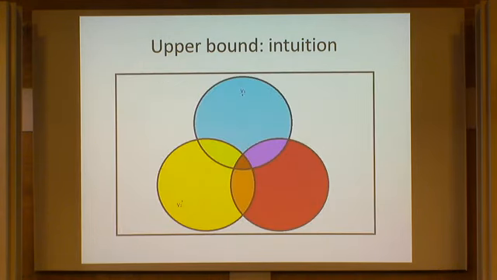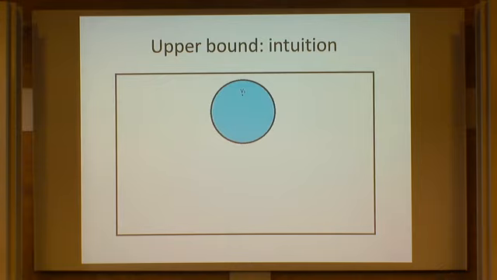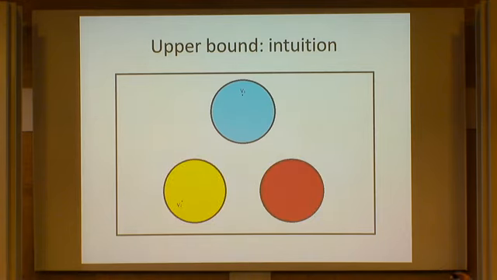What we want is to grow them big enough that all 3 intersect, but as soon as 2 intersect, they are dependent. So we grow them not quite to that size, we grow them a little smaller till they have not intersected.